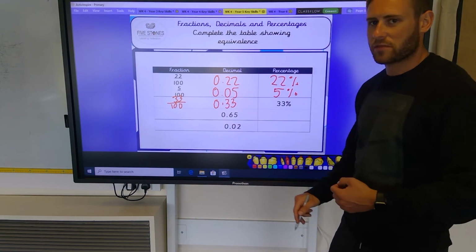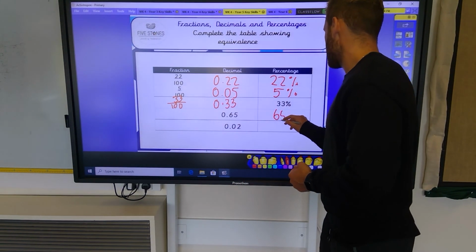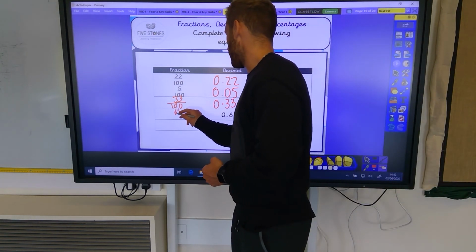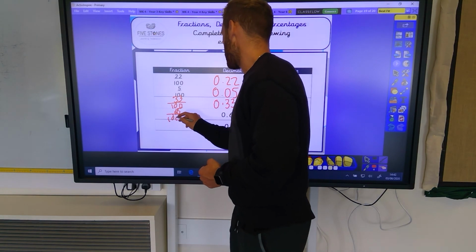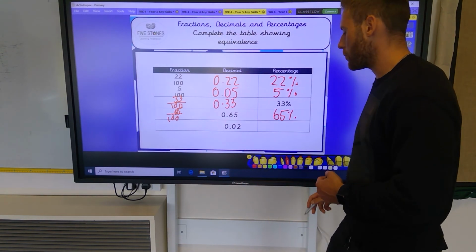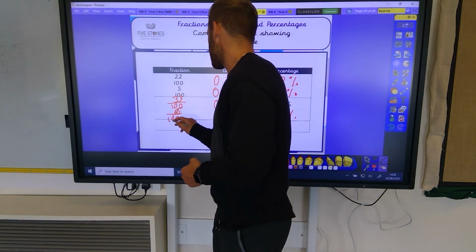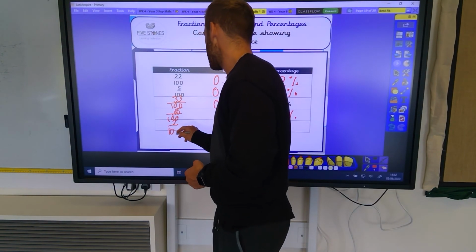Then we've got 0.65, let's go percentage first, is the same as 65%, and then we've got 65 over 100. Then we've got 0.02, which is 2%, and it is 2 over 100.